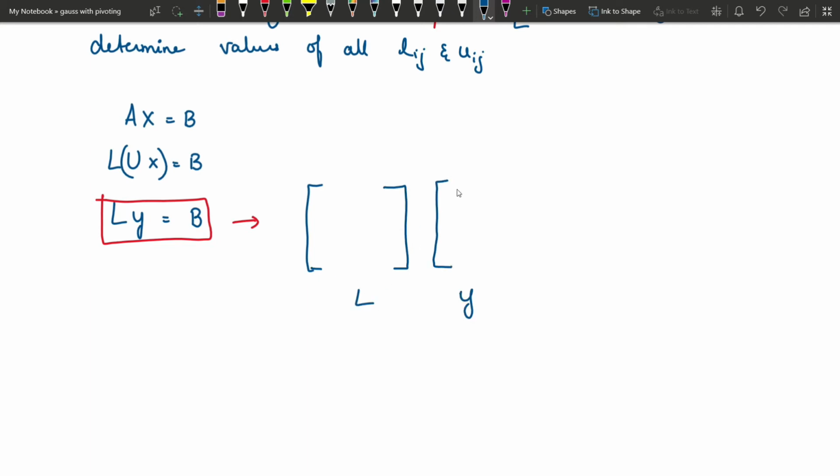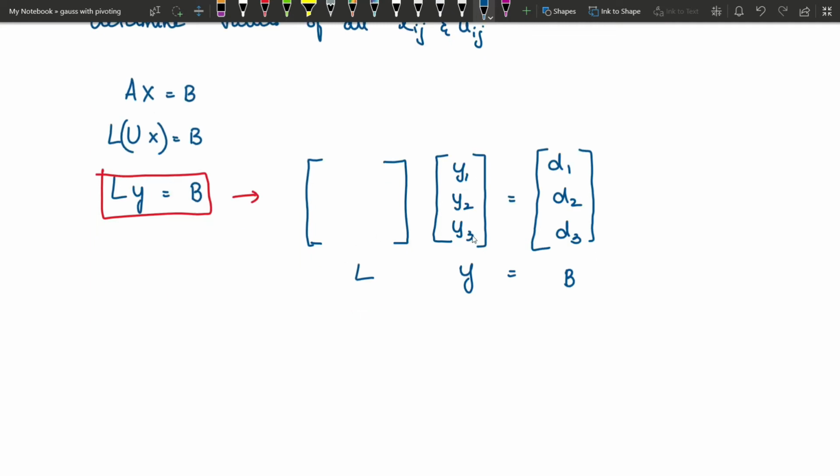After step 1, here I will write the lower triangular matrix. And then what is this Y? It is the new intermediate unknown variables which we are introducing: Y1, Y2, Y3 equals the RHS values, which are D1, D2, D3. So what are these Y1, Y2, Y3?